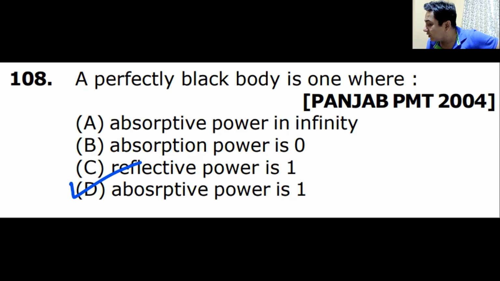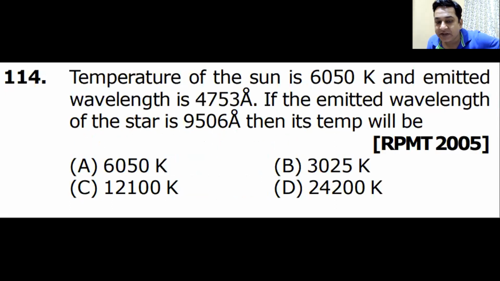Let us now move on to one of the most difficult PMTs in India, Rajasthan PMT, RPMT. The temperature of our sun is 6050 Kelvin, and the emitted wavelength is 4753 Angstrom units.